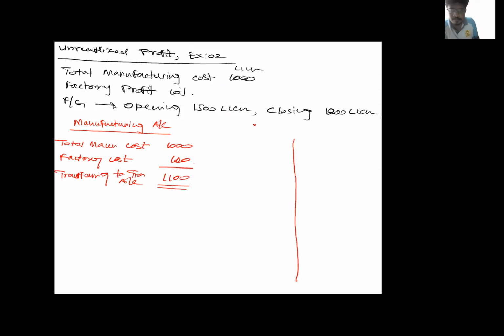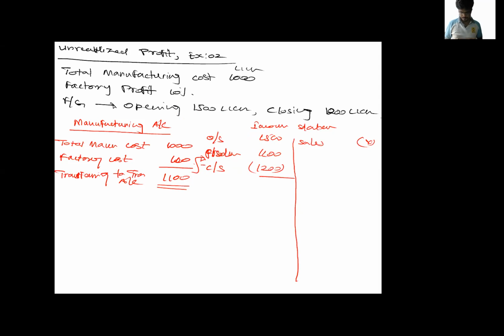Okay, so in case of income statement, this side, let's say sales. ඔයාලා මොන විදිහට හැදුවත් කමක් නැහැ. මම මේක පැහැදිලි කරන්න ඕන නිසා මේ විදිහට හදන්නම්. This side opening stock 1500, closing, that means production, this one 1100, then minus closing stock 1200.